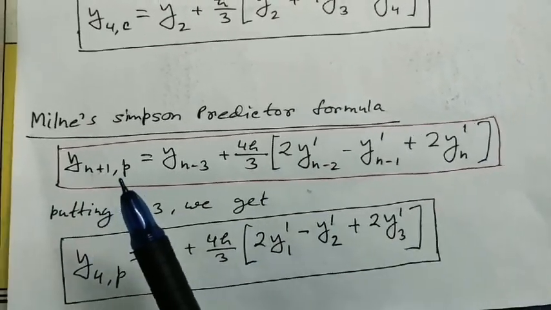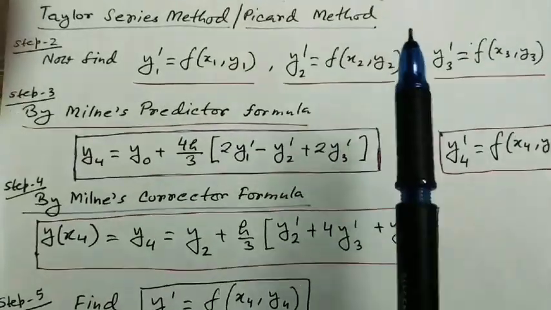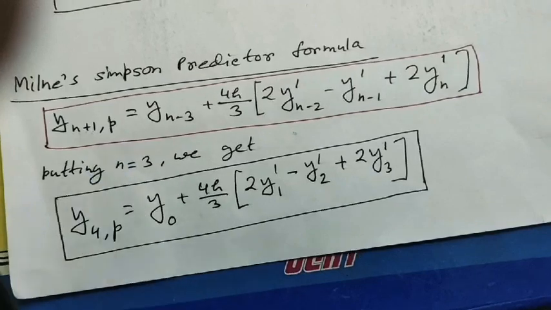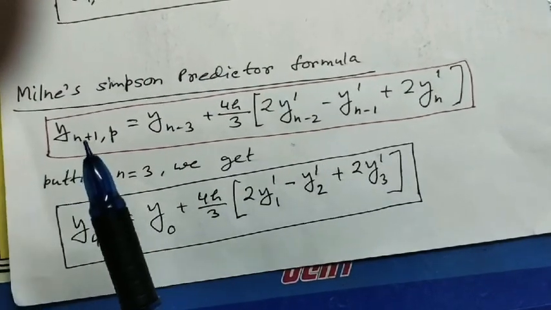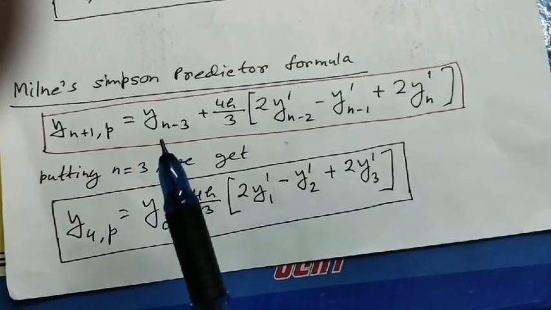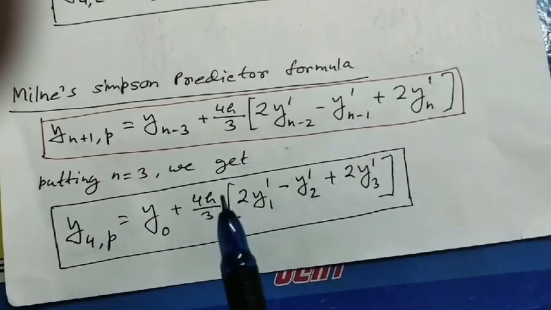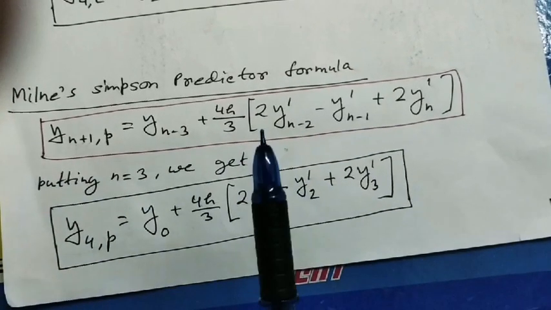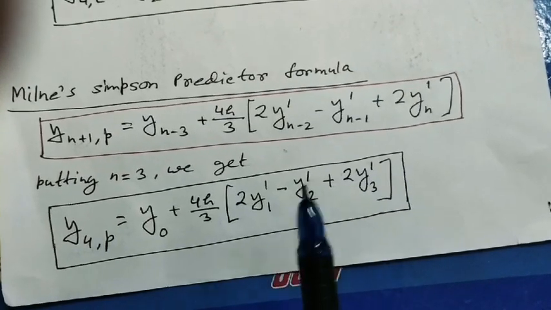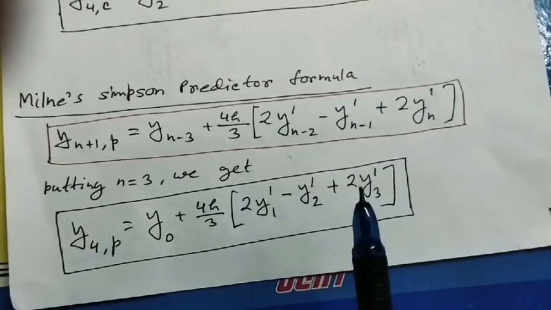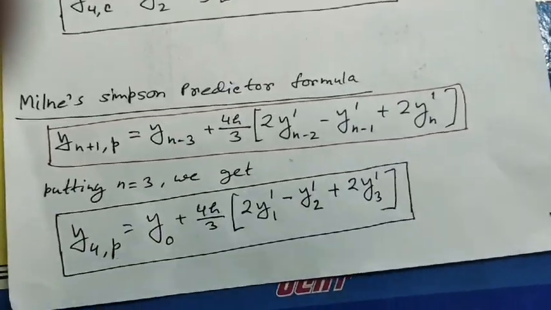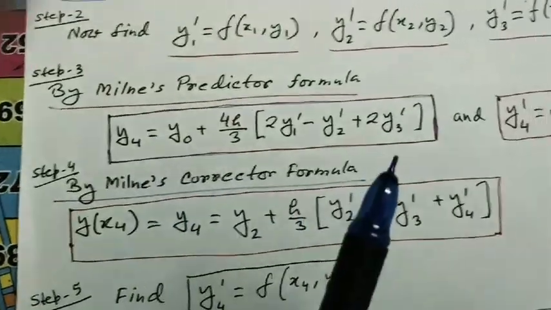Now putting n equals 3, as we have already calculated y3, and we have to reach y4, it becomes y4p equals y0 plus 4h by 3, where h we will calculate, 2y1 dash minus y2 dash plus 2y3 dash. So this way we are getting this formula.